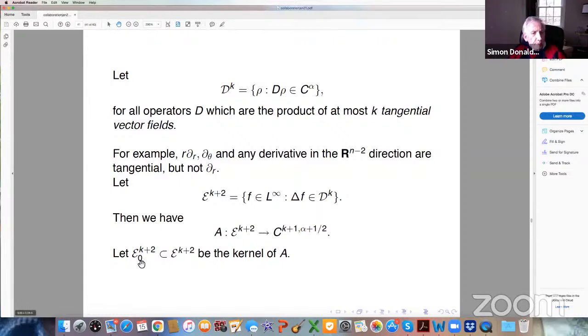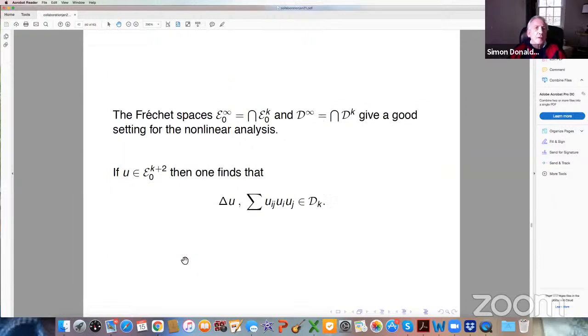Now we'll write E_0 for the kernel of A in these E spaces. So then we get Fréchet spaces, the intersection of all the E_0^k and the intersection of all the D^k. And these give a good setting for the analysis of our nonlinear PDE.